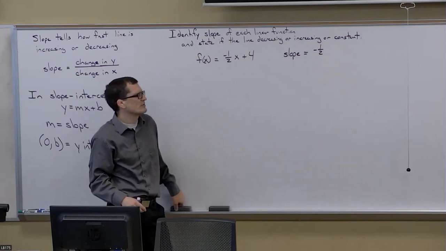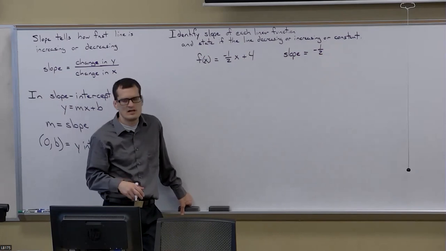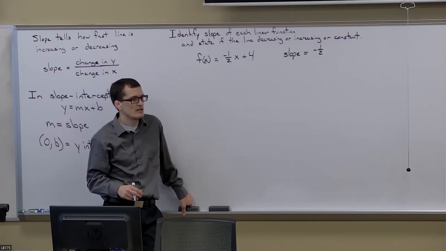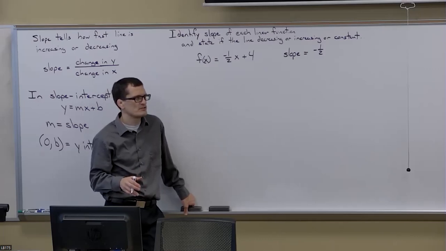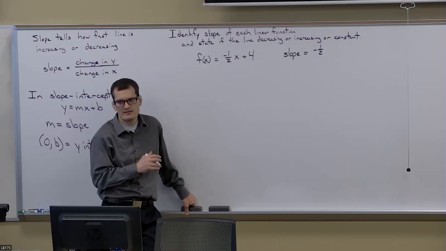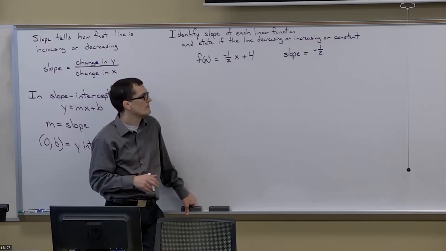Moodle may ask you to write that as a decimal, like negative 0.5. I'm not sure if it's going to ask for a decimal or fraction, probably might ask you for a decimal. This is a kind of weird thing in Moodle, but there's certain types of questions where, when you program it in Moodle, they don't like fractions very well. And then there's certain questions that are just fine with fractions.